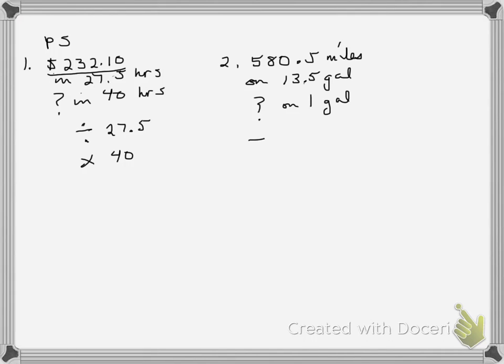If I were to divide the number of miles by 13.5, I would get the number of miles in 1 gallon. And so it's just a simple division problem. I see nothing else complicated on that lesson. Now let's go to 1.26.